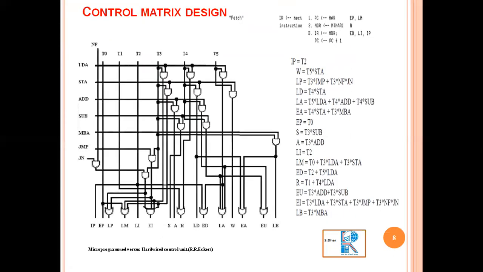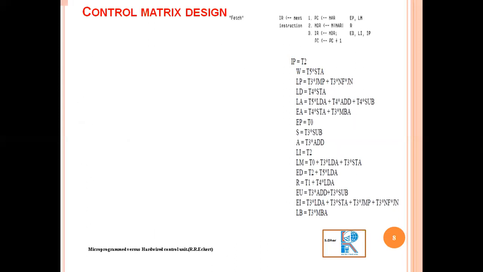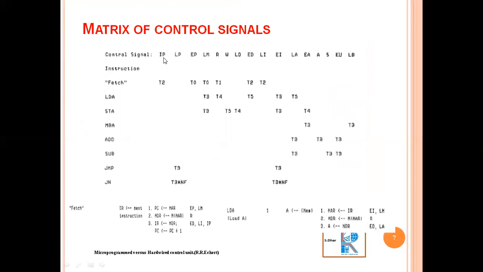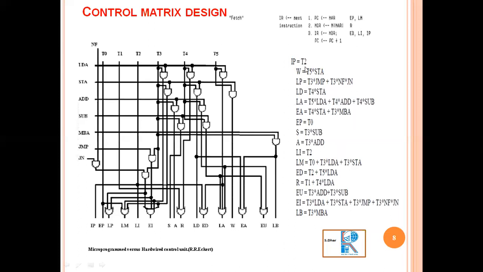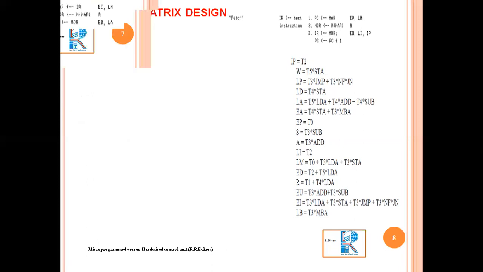Now, how to generate the control matrix design? I have already told that we will go first with IP. When IP is 1, T2 is 1. So here it is written IP is equal to T2. Clear? Now see here the signal W. When is it activated?